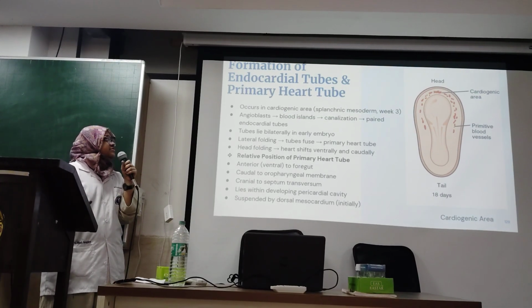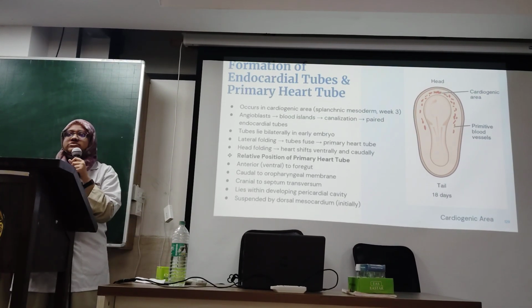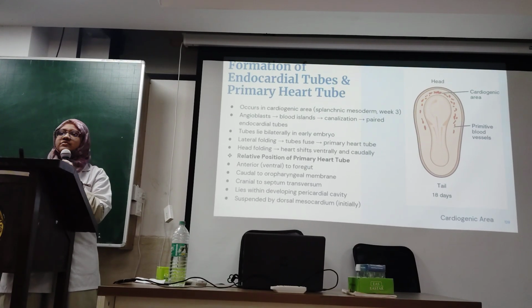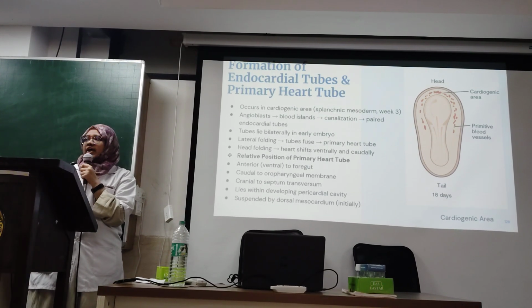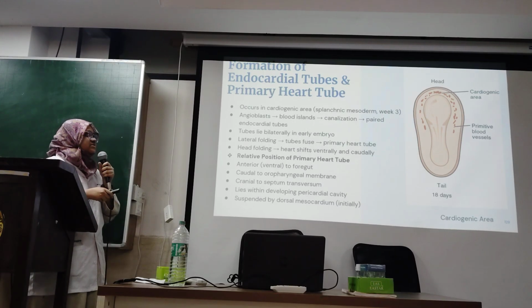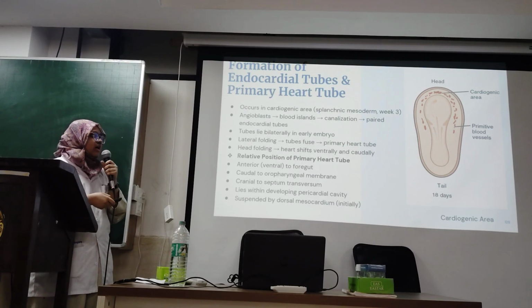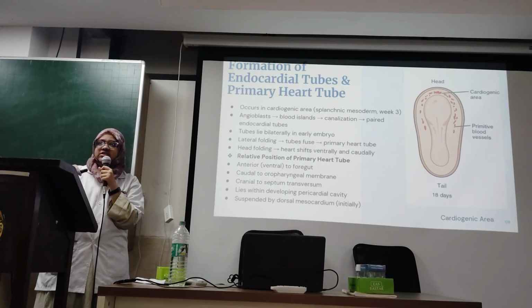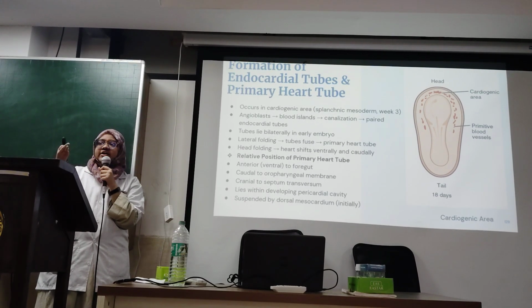Now coming to the formation of the endocardial tube. The induction for the formation of the heart is through the endodermal cells, and these endodermal cells will induce the formation of the heart. The epiblastic cells lateral to the primitive streak are called the cardiogenic cells.